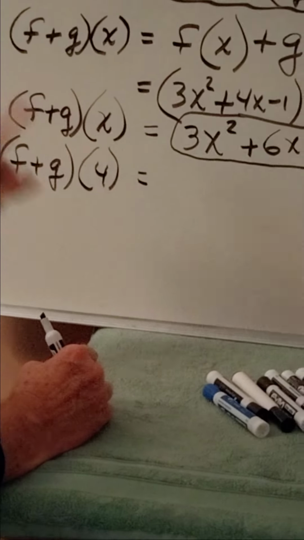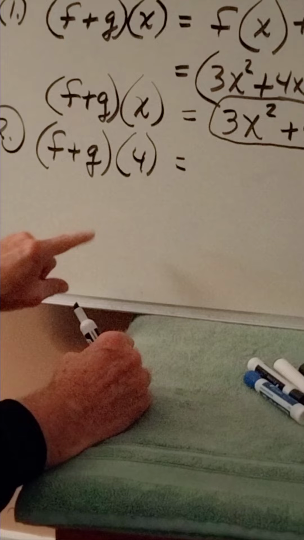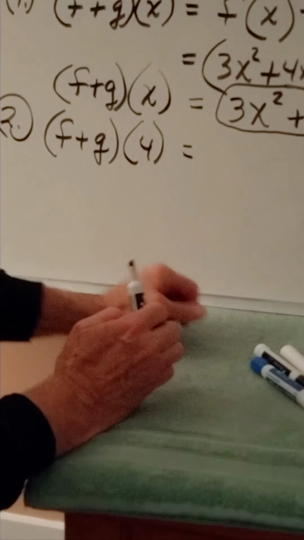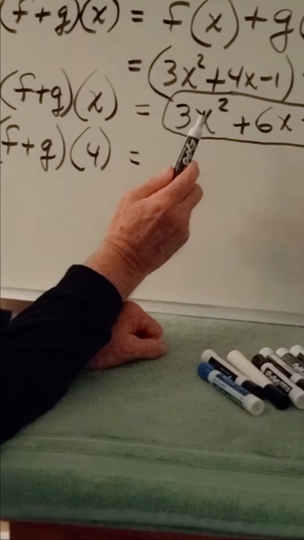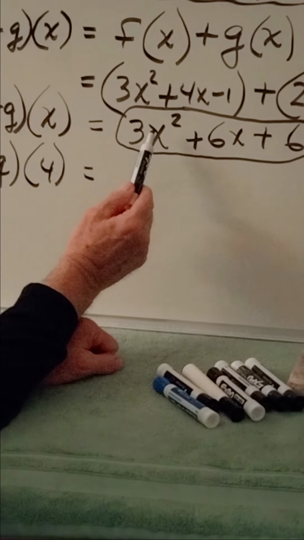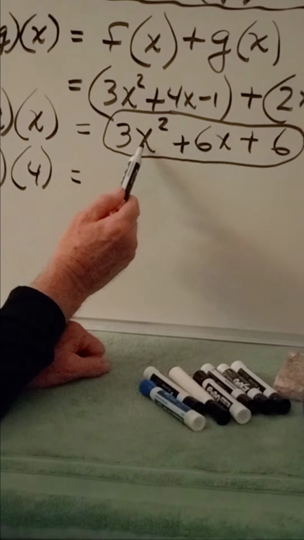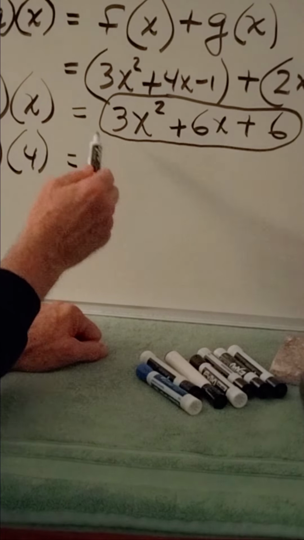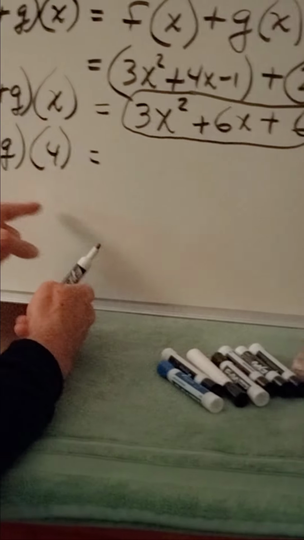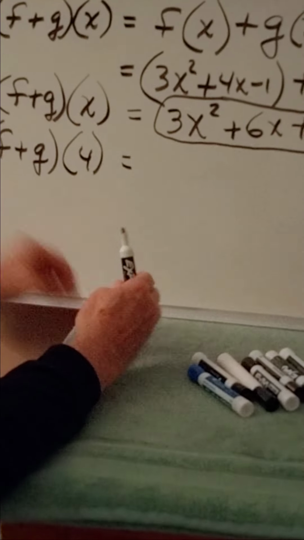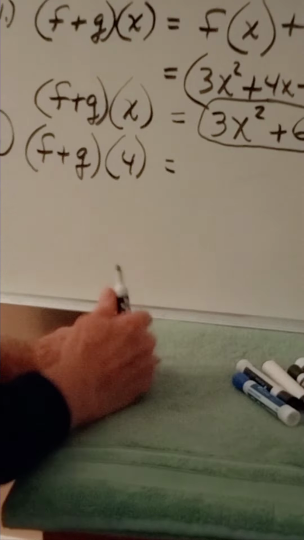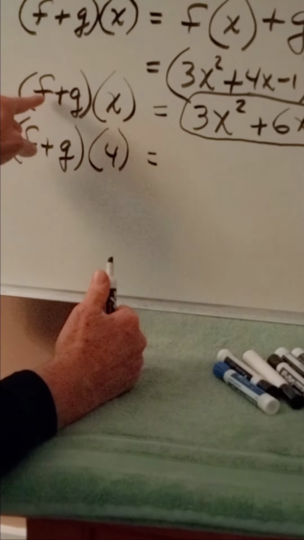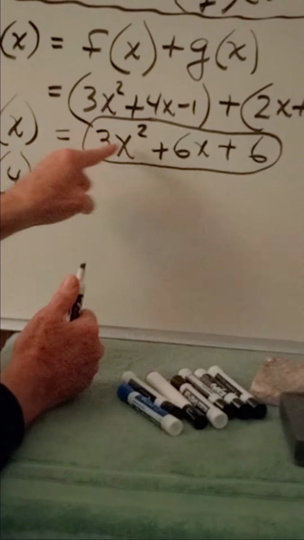And now the fastest way to get this is to take our domain value of positive 4, and we're going to substitute it in place of the x here and the x there. And we're going to evaluate that, and we will then have the range value for this one. We just found the value of f plus g when the domain was x, and that was this.